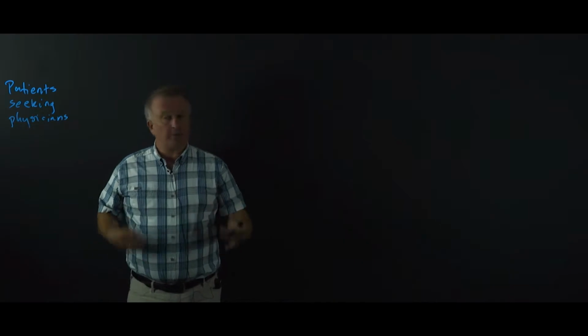And so if you started thinking about that system, you might say that we've got patients that are seeking physicians as one group, and we would have physicians seeking patients.